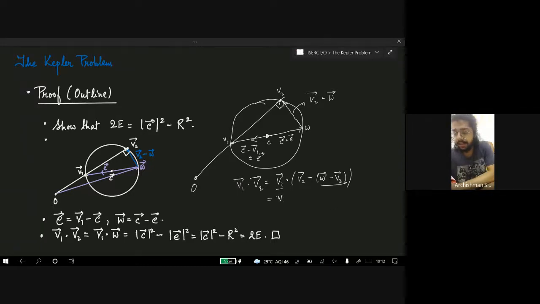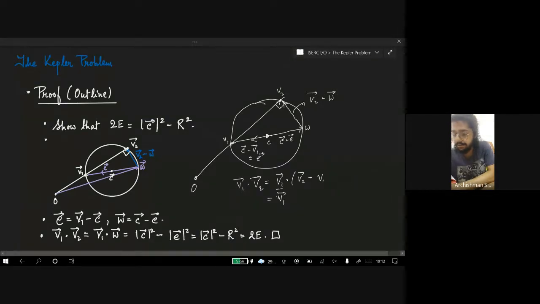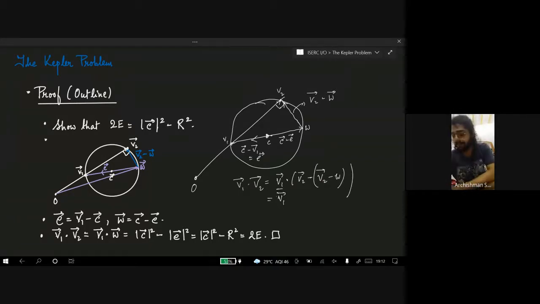Let's put it as V2 minus W. Yeah, this makes a lot more sense. I can write this in this way, and then this is essentially the same as V1 dot W. But then you can see that V1 dot W is norm of C squared minus norm of E squared, and norm of E squared is nothing but the radius of the circle. So yeah, that's basically the proof of it. I'm not going to do all the computations individually.